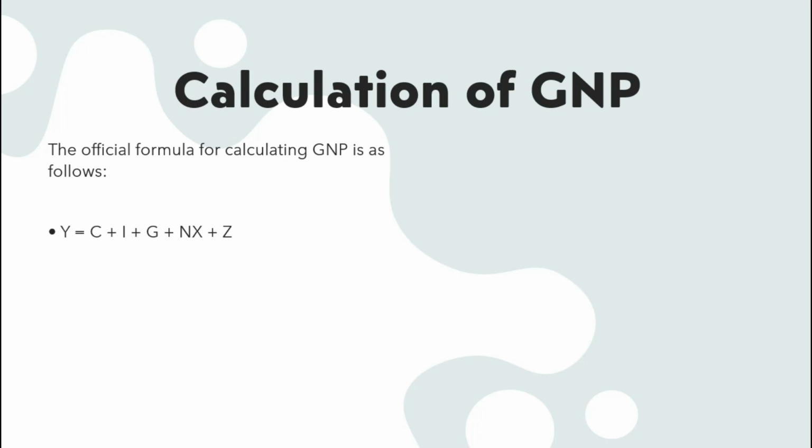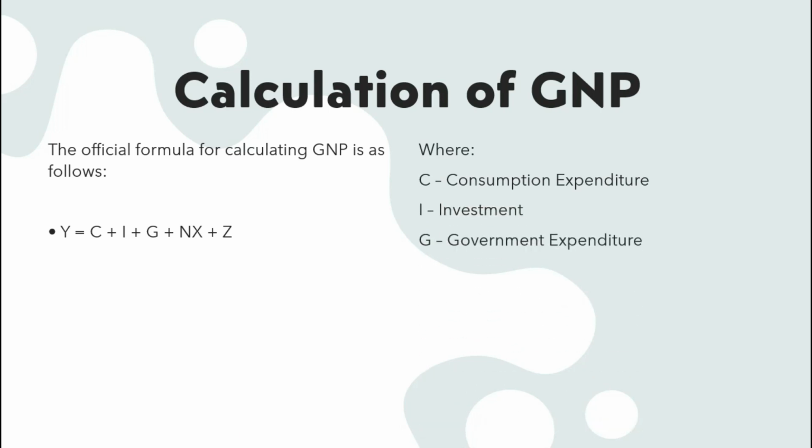Before I proceed to the alternative, let me explain the different key terms in our formula. First, the letter C is the consumption expenditure, the I is the investment, the G is the government expenditure, and NX is the net export.